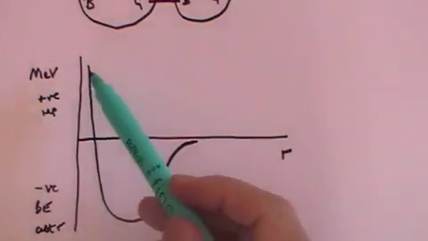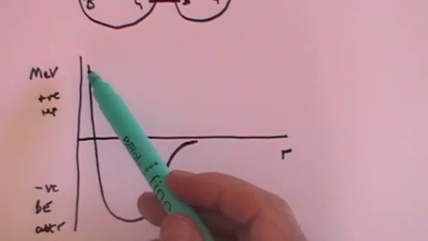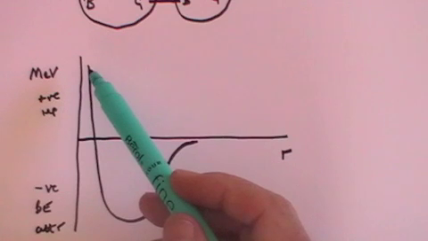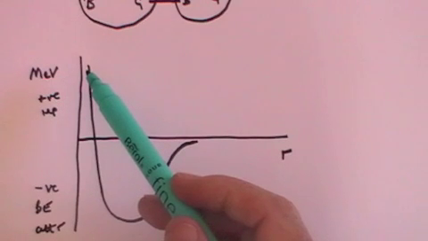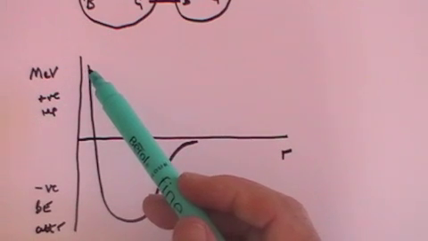So what this tells you is that when the two nucleons are very close together, almost touching, the nuclear force is repulsive, it repels, in order to stop two nucleons from crashing into and indeed merging with one another.